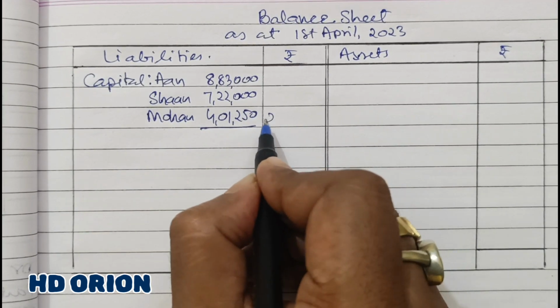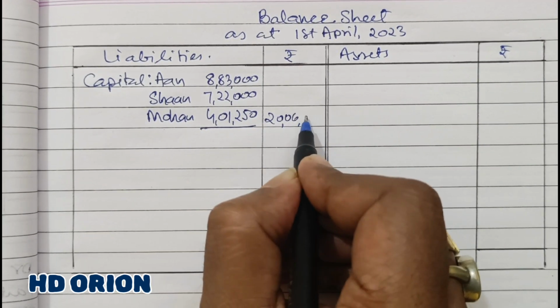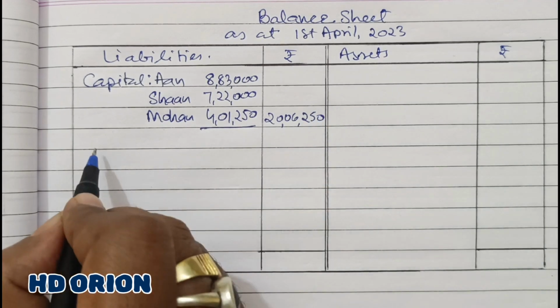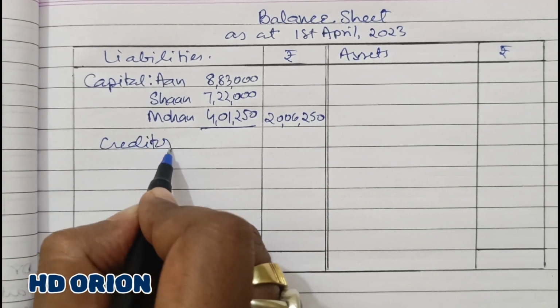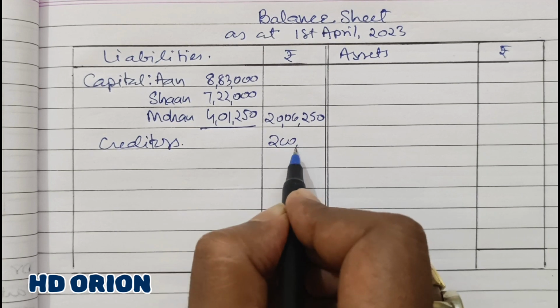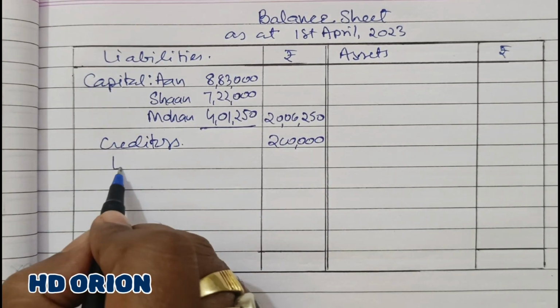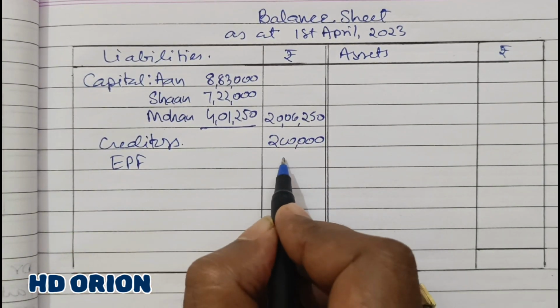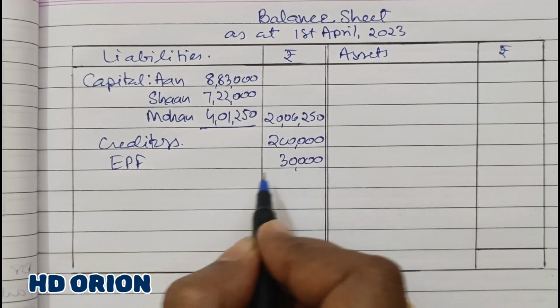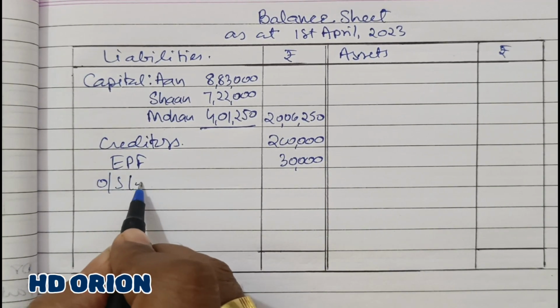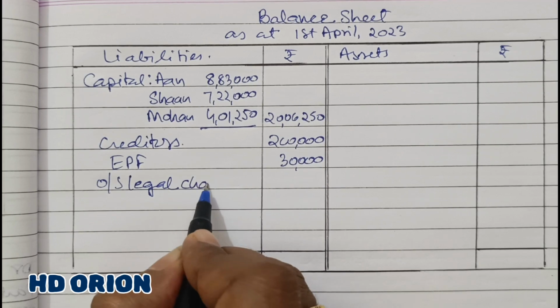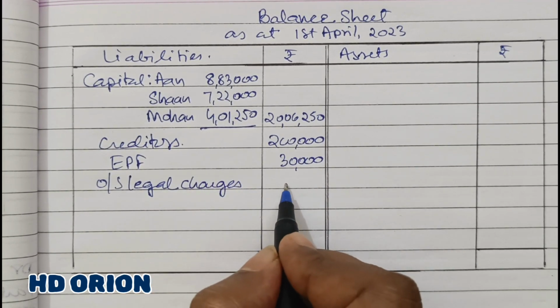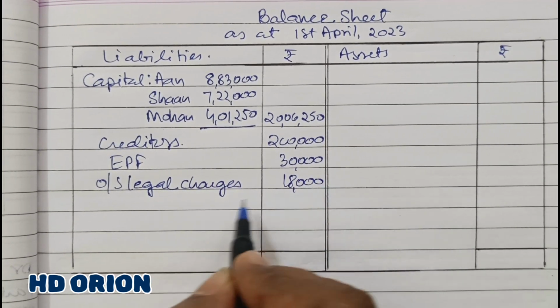Total of which is rupees 20,06,250. Then creditors, as in the old balance sheet, 2 lakh. No change in creditors. Then employees provident fund also no change, rupees 30,000. And there is outstanding legal charges, a newly created liability of rupees 18,000.